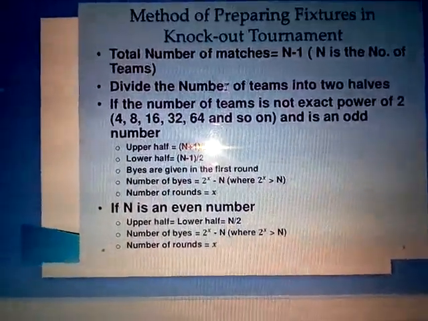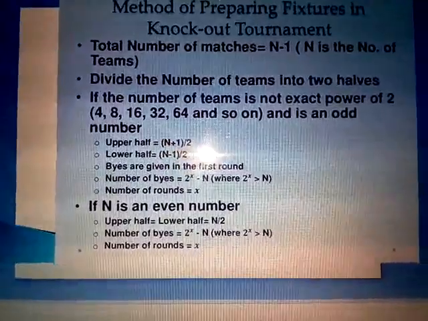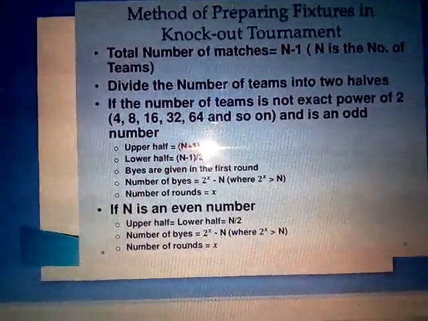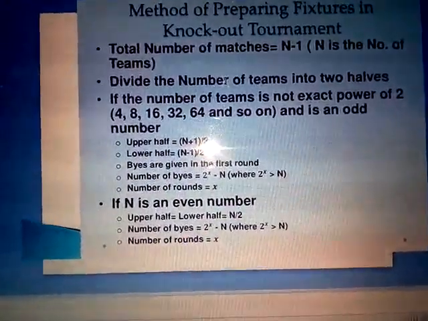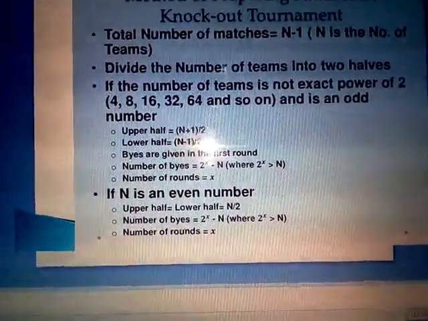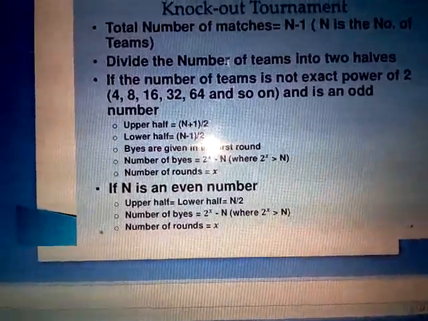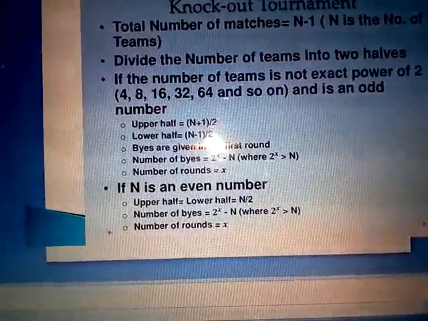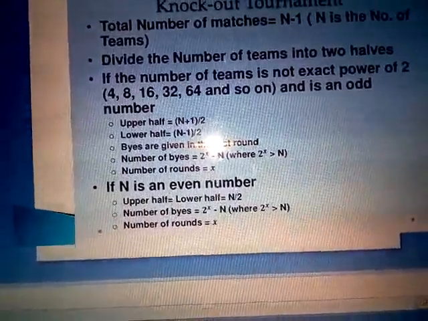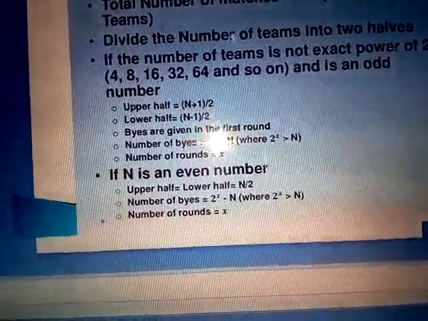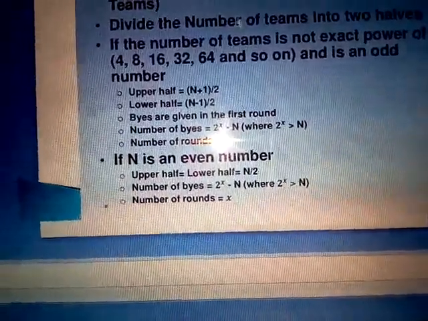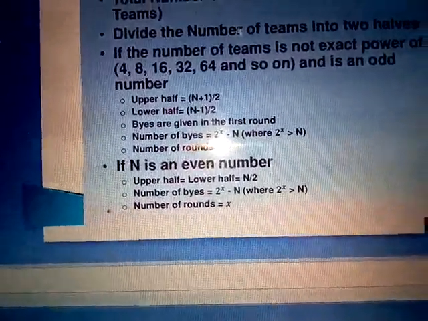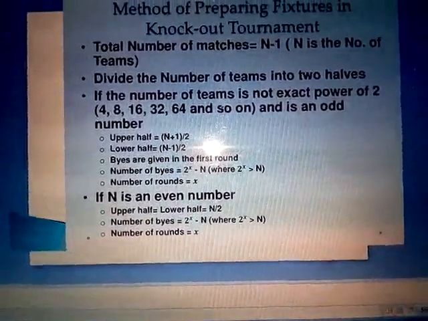In the next slides we will see the details of how to divide into 2 halves. If the number of teams is an even number, then upper half and lower half are each n by 2. Always remember, if the number is even, not odd, then upper half and lower half are n by 2. You can see in the next slide.